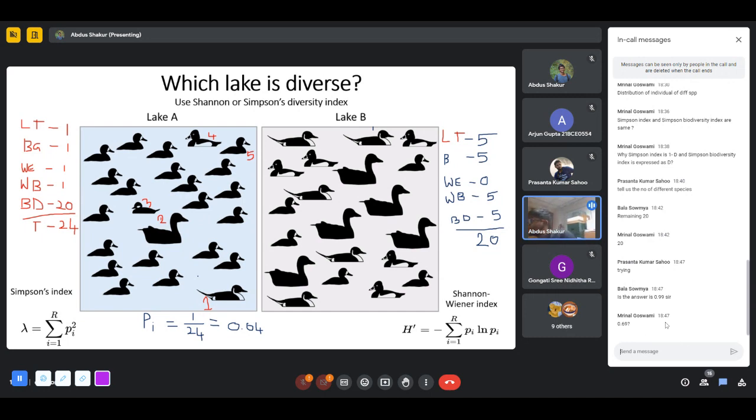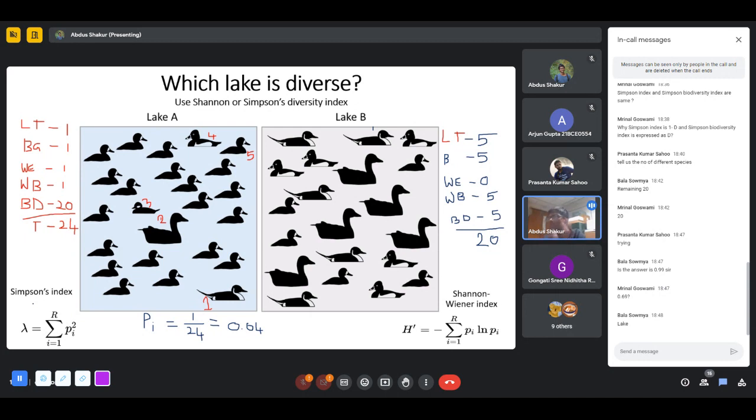Answer is 0.99 for... just write which lake you are saying that answer is. So you have to calculate whichever diversity index you are calculating for both Lake A and Lake B, so that you can compare between those two lakes. If you just have one lake, you can say, okay, this is the diversity, that's the end.